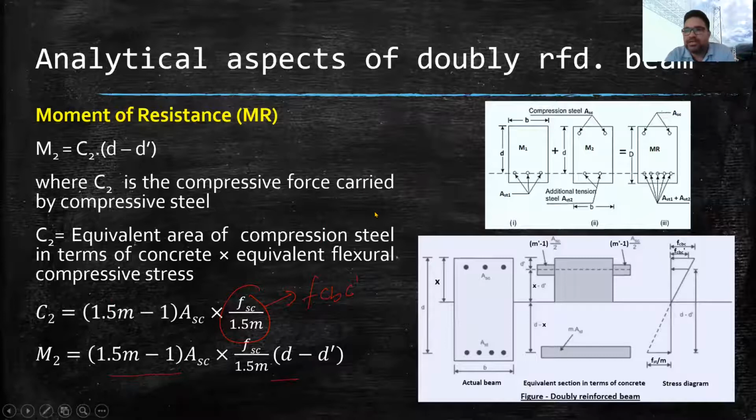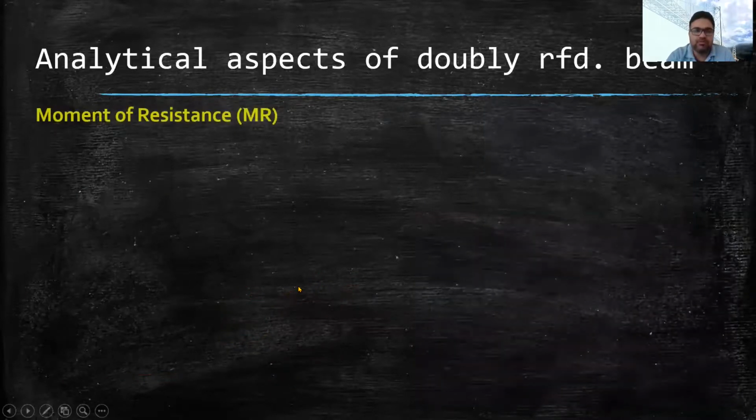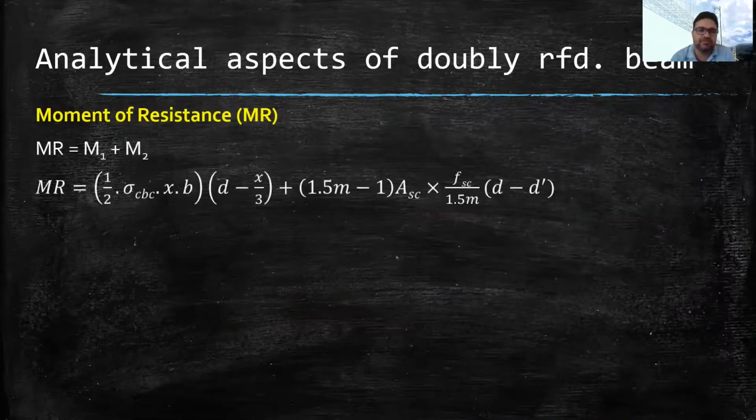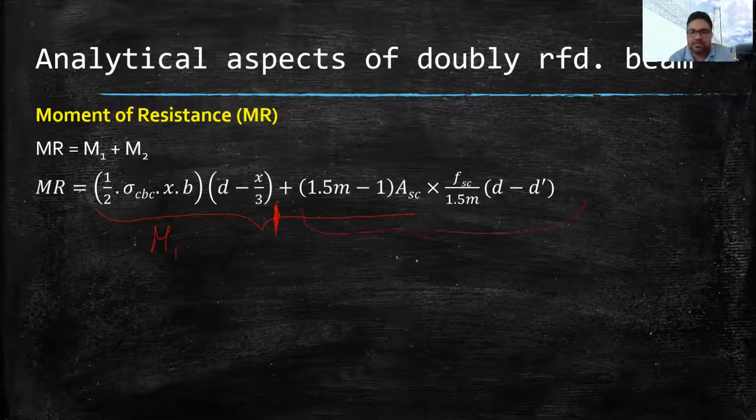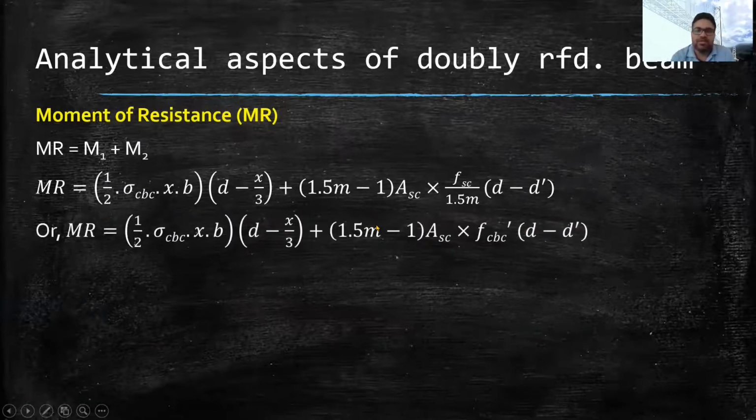To calculate the moment of resistance of the doubly reinforced beam, we have found the expressions for both M1 and M2. So the total moment of resistance in this case will be this one. Up to this value it is M1 and this value is M2. Or in other words, we can replace this value with FCBC dash.